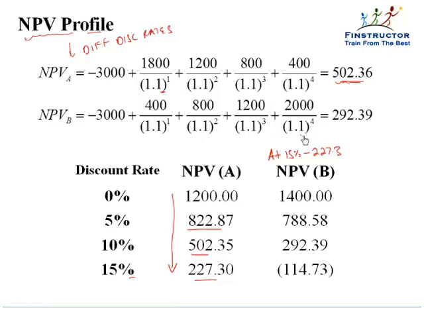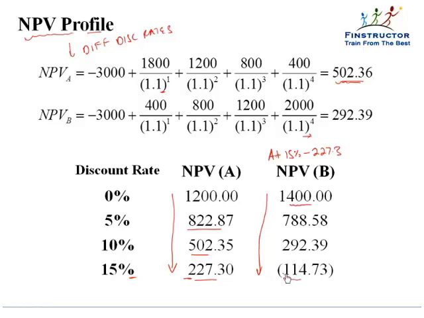If we do a similar analysis for project B, we will notice that the NPV falls even more quickly than for project A. So at 0%, project B has an NPV of 1400. At 15%, project A still has a positive NPV, whereas the NPV of project B has gone down to a negative 114.73.